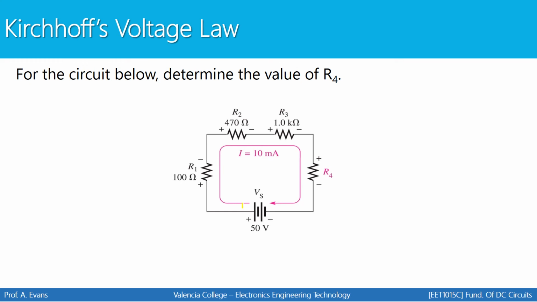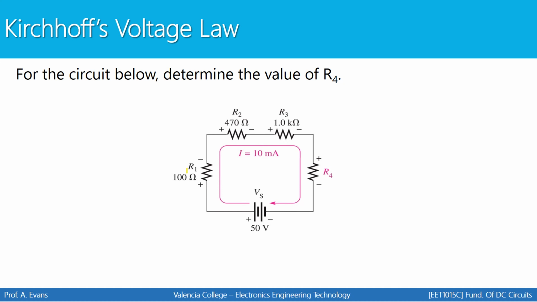So now we're going to practice applying KVL. Flip the page in your notes to this problem on the screen. We're going to determine the value of R4. Now before we start, let's analyze what we've been given. We have a voltage source of 50 volts. The polarity is shown here, which tells me that the current has to flow this way. I have a total current of 10 milliamps given.